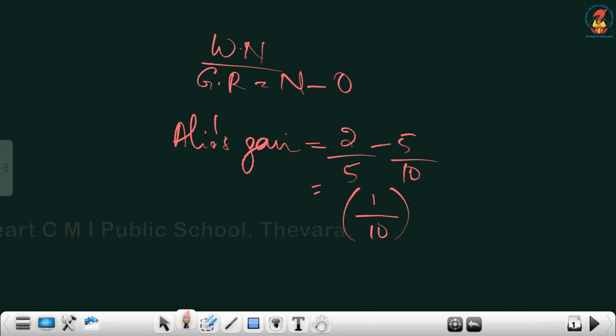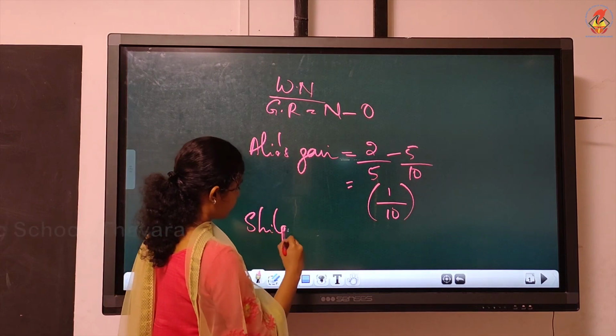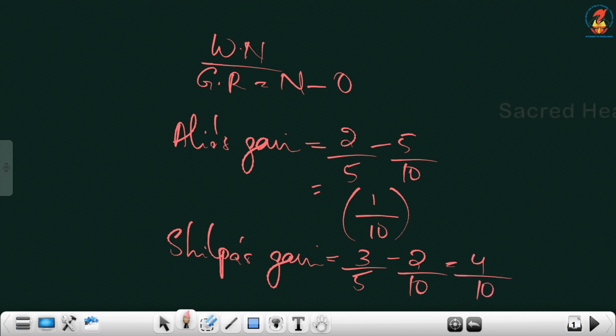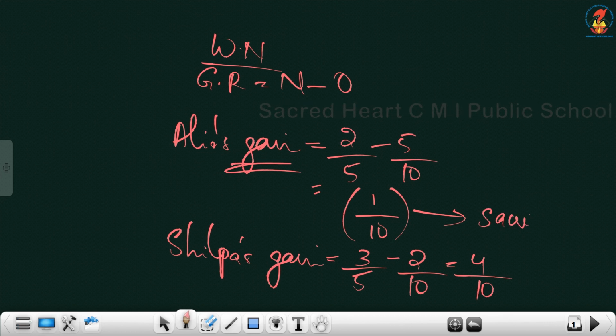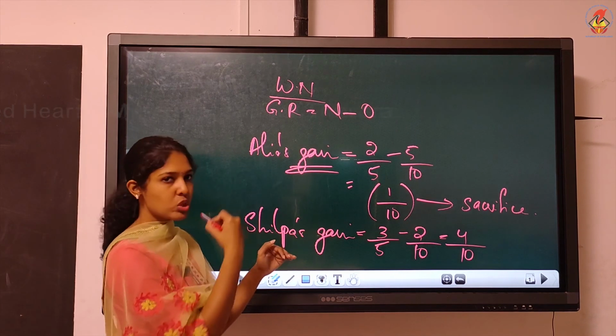Then Shilpa's gain: that is 3 by 5 minus 2 by 10, 6 minus 2, 4 by 10. So one is a negative answer. When you compute the gaining ratio, if one of the figures is negative, that means it is the sacrificing proportion. This partner is sacrificing. Alia is sacrificing in this question. Only Shilpa is gaining.